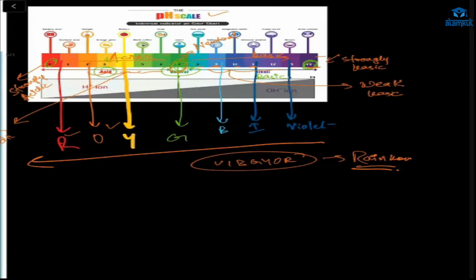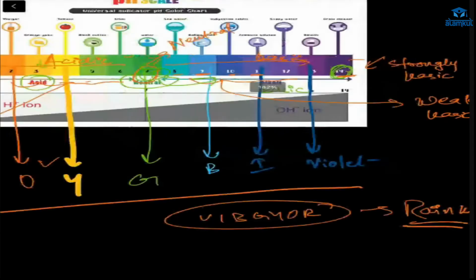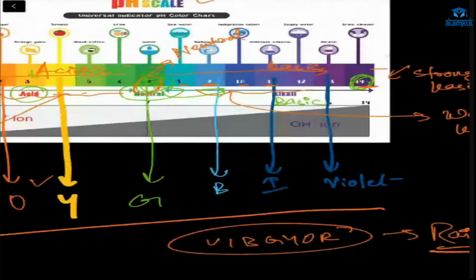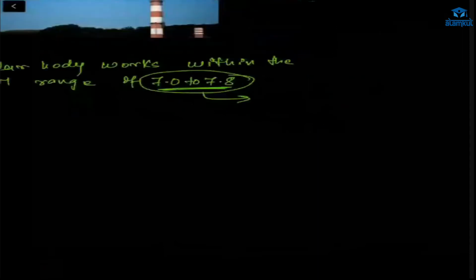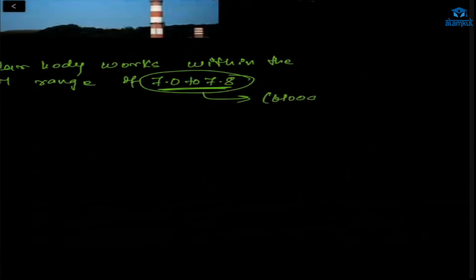Is it basic? It's basic. 7 is the neutral one, and after that, 8, 9, 10, 11, 12, 13, 14, all are basic. So here our body works within the pH range of 7.0 to 7.8. It means our blood nature is also basic.